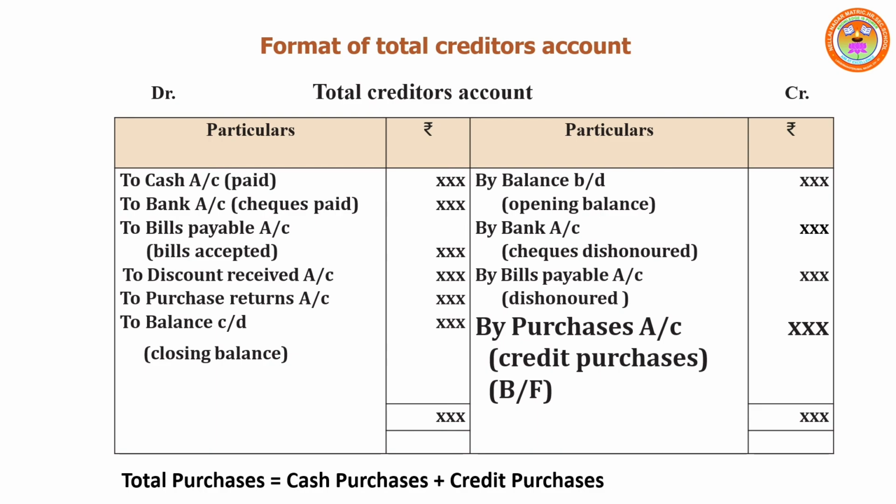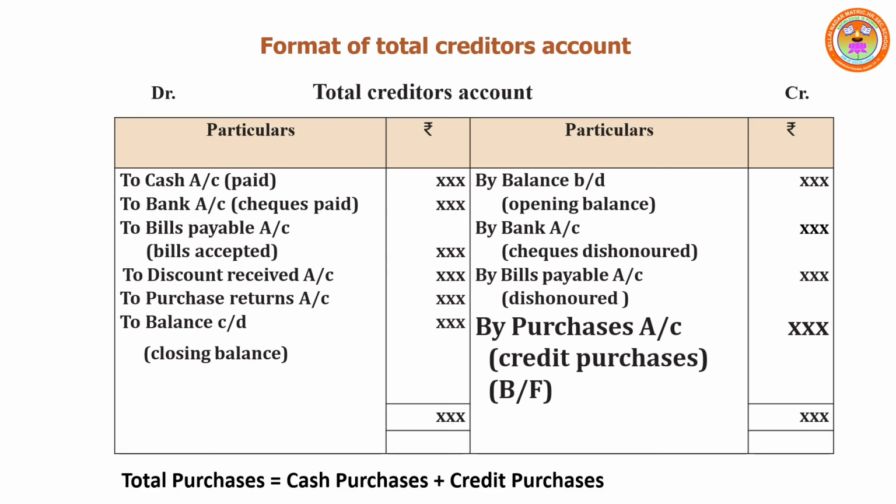Then by credit purchases, this will be the missing figure in this step. So the difference between the debit side and credit side will be written as credit purchases, the balancing figure. If they ask us to find out total purchases, the formula is cash purchases plus credit purchases.